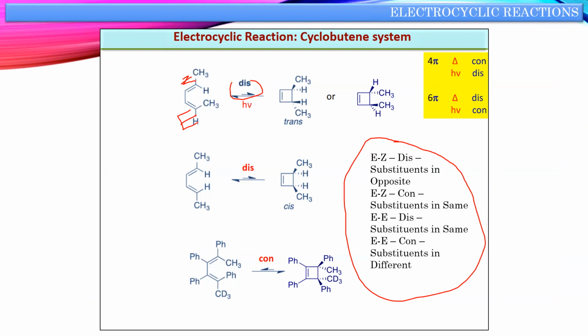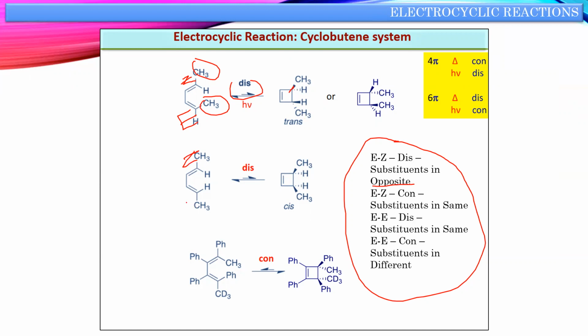CH3 and H, right? Substituents are CH3, CH3. So here one CH3 is near, and the other CH3 is far. Substituents in opposite.